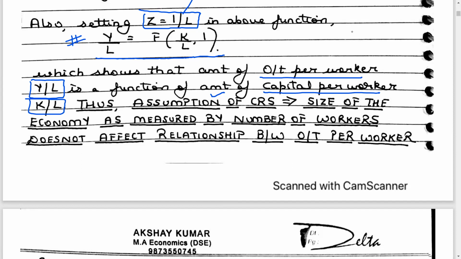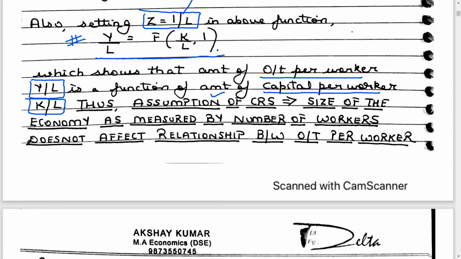If you scale up capital and labor by z, your output is also scaled up by z, in the same proportion. And since the production function exhibits constant returns to scale, your output per worker, Y/L, will only depend on capital per worker, K/L. Output per worker will not depend on the size of the economy.